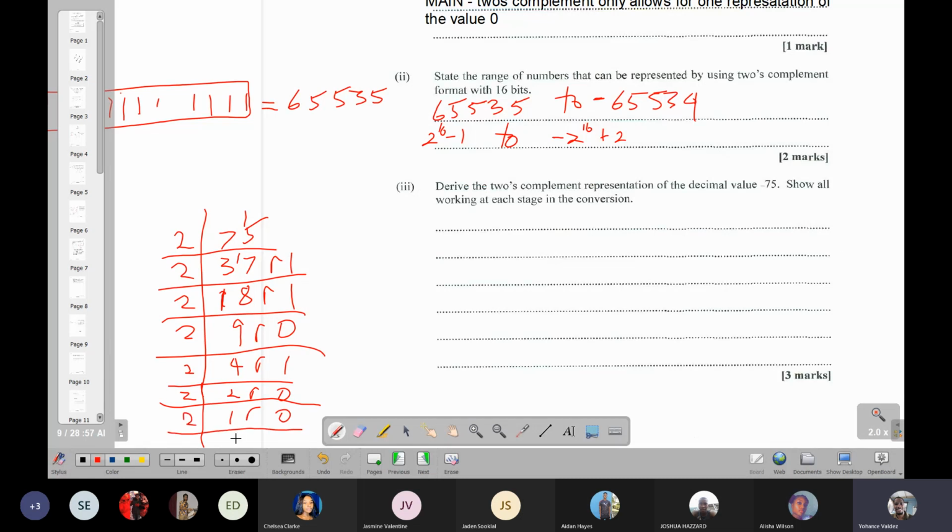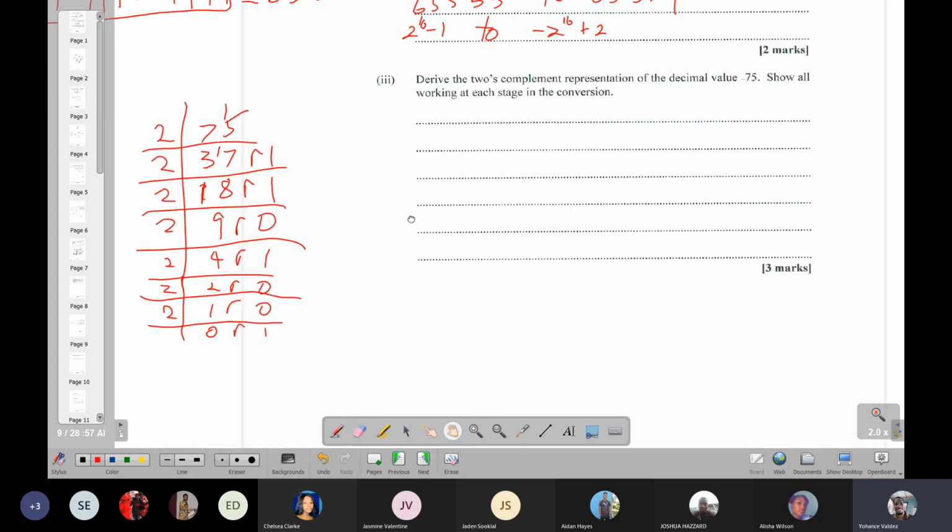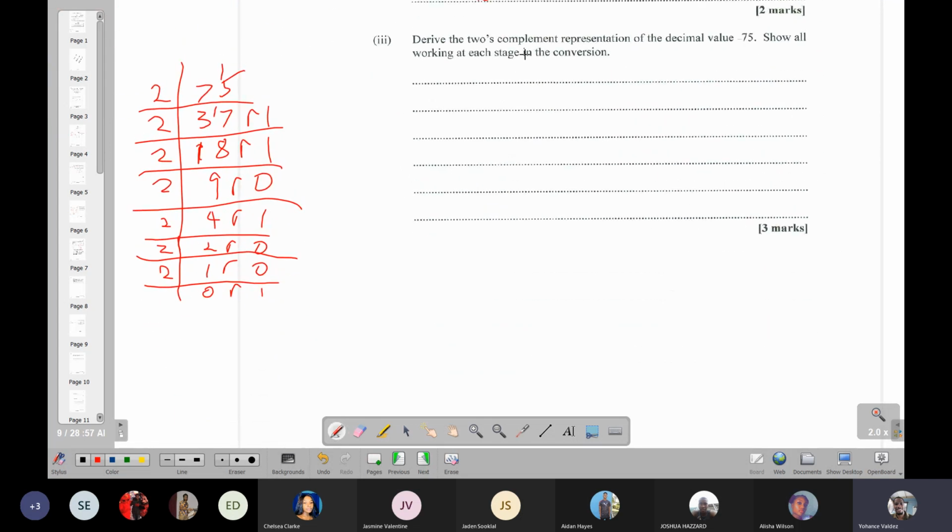And 2 into 1 is 0, remainder 1. So the value that we got here was 7 bits long: 1, 0, 0, 1, 0, 1, 1.